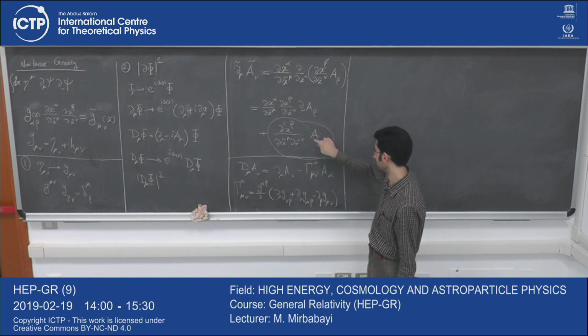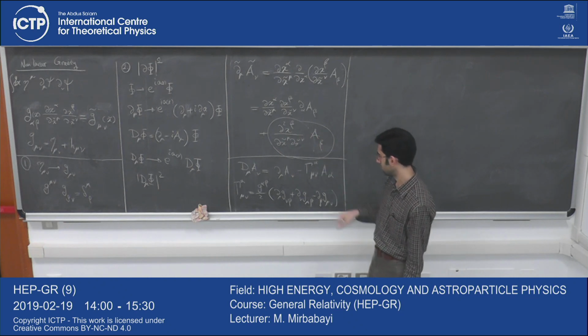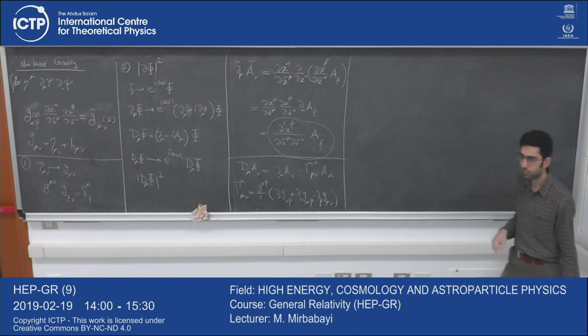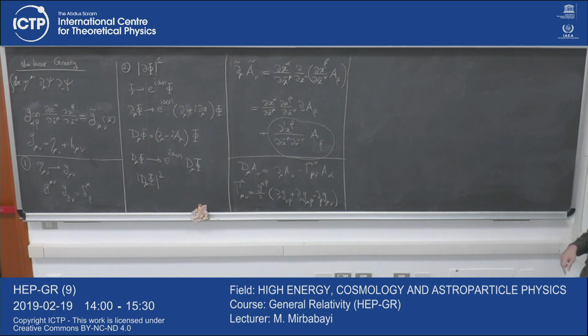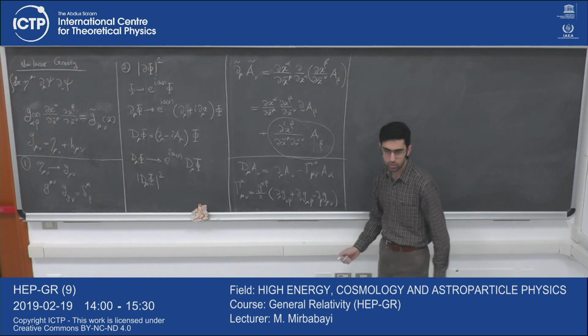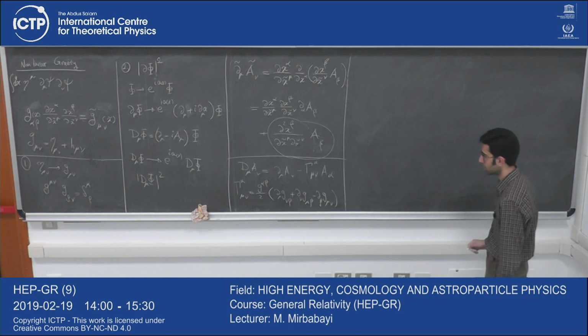So that term would cancel this term. For G, we choose the rule that it transforms like a tensor. Yeah, G does transform like a tensor, but as we saw, the normal derivatives of a tensor do not transform. So these are just normal derivatives of G mu nu, and therefore they don't transform.